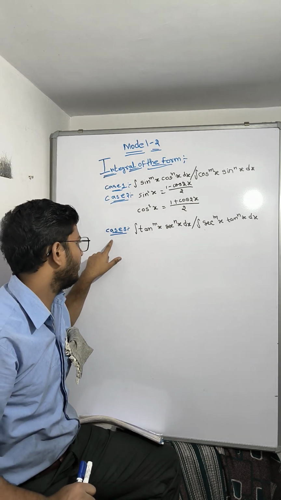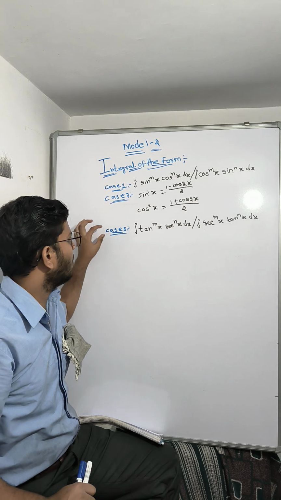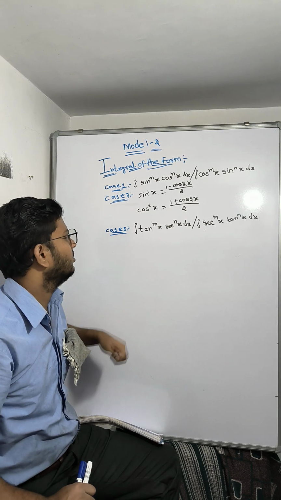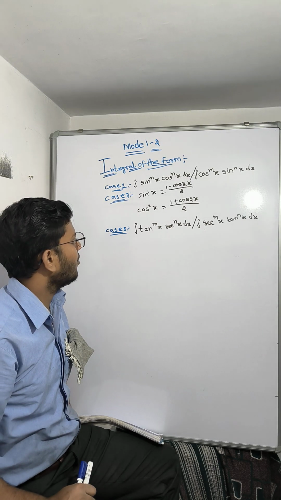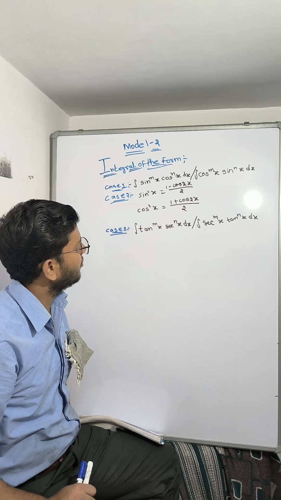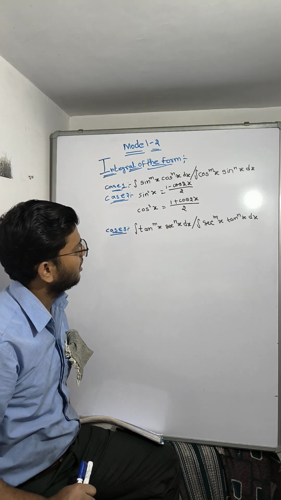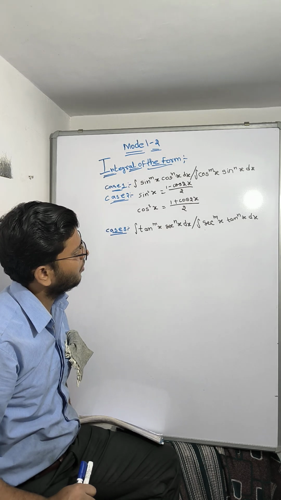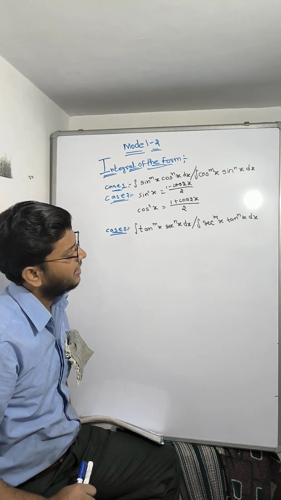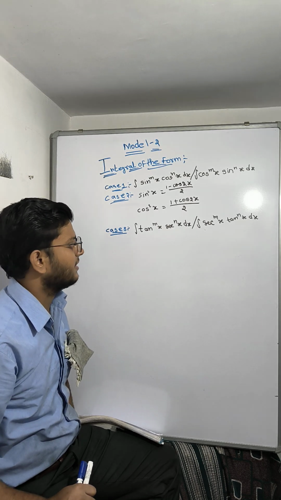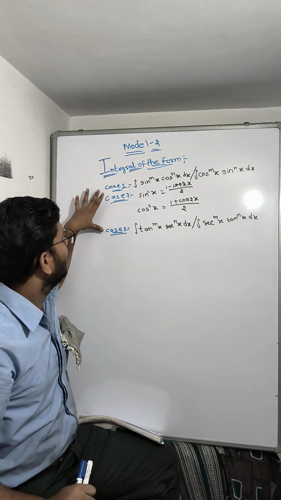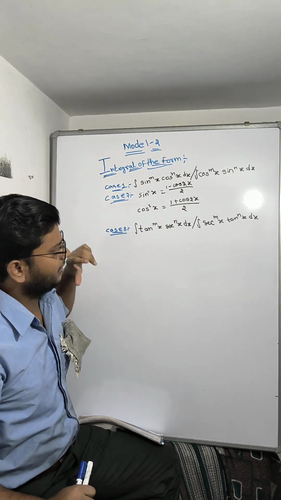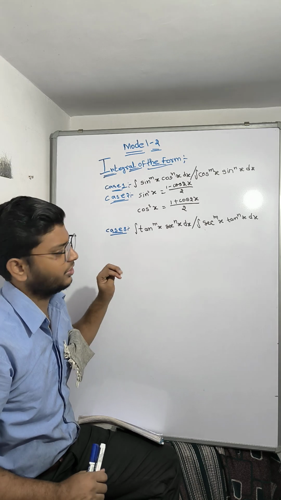Now we are solving this one, integral tan to the power of mx and secant to the power of nx dx, or integral secant to the power of mx and tan to the power of nx dx. These are the representation of the questions.